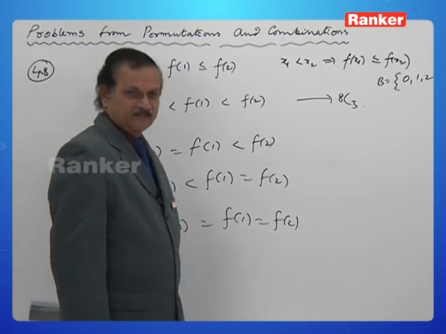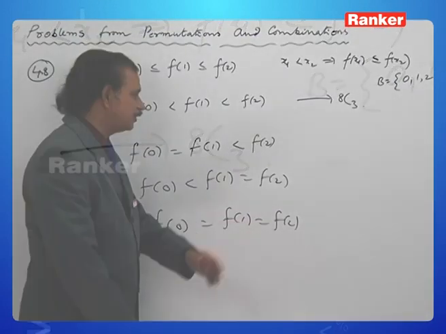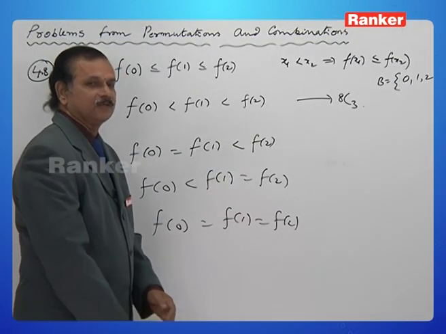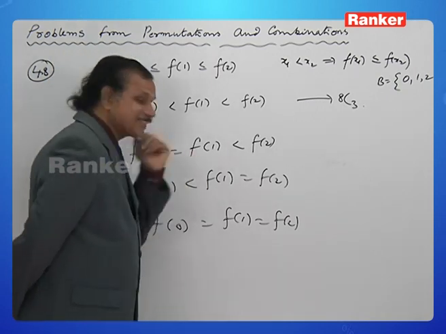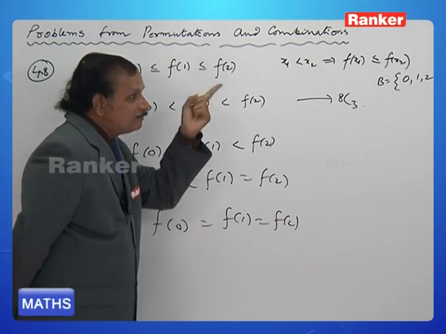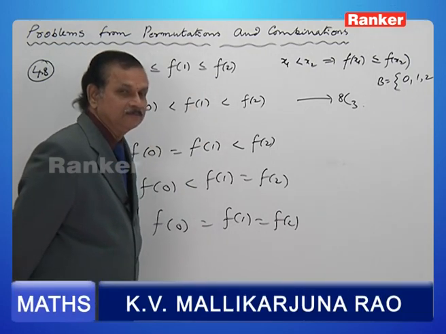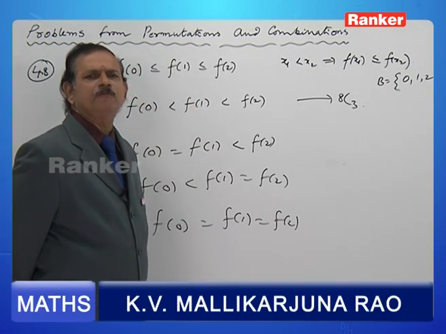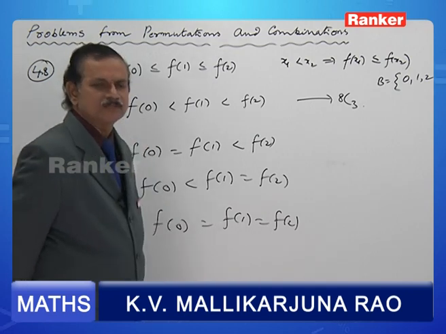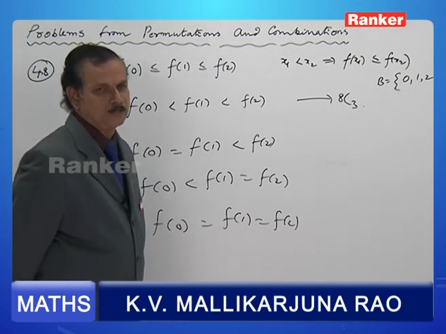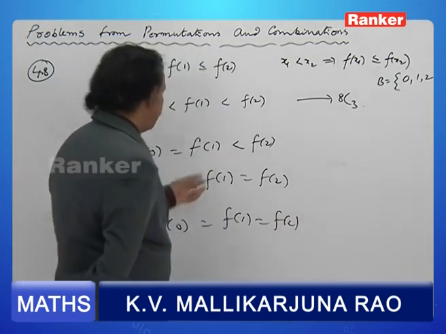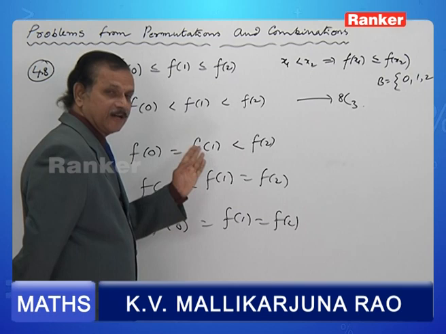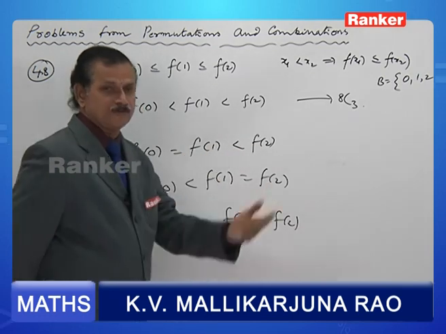The next case, f of 0 is equal to f of 1 less than f of 2. In this case, how many elements are to be chosen? It is just enough if you can choose 2 elements in an increasing order. Suppose you have chosen 4 and 5. You define f of 0 is equal to 4, f of 1 is equal to 4 and f of 2 is equal to 5.